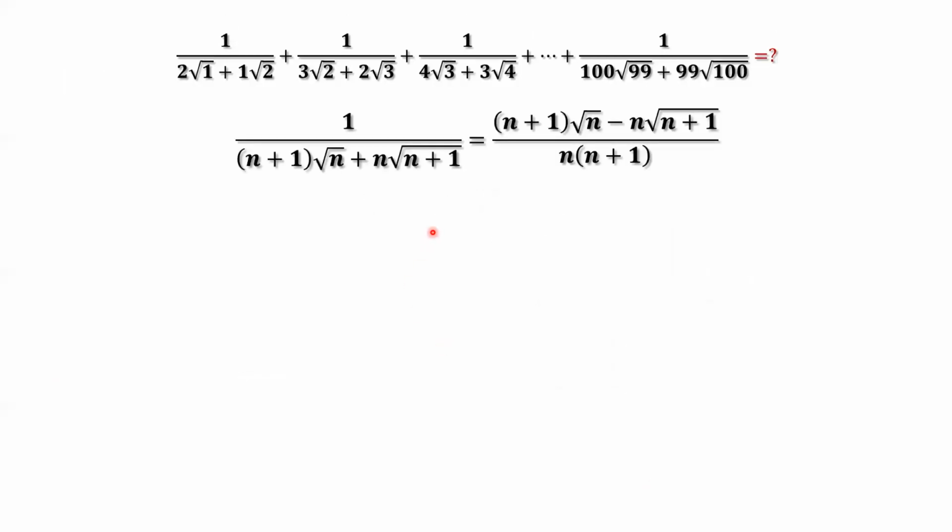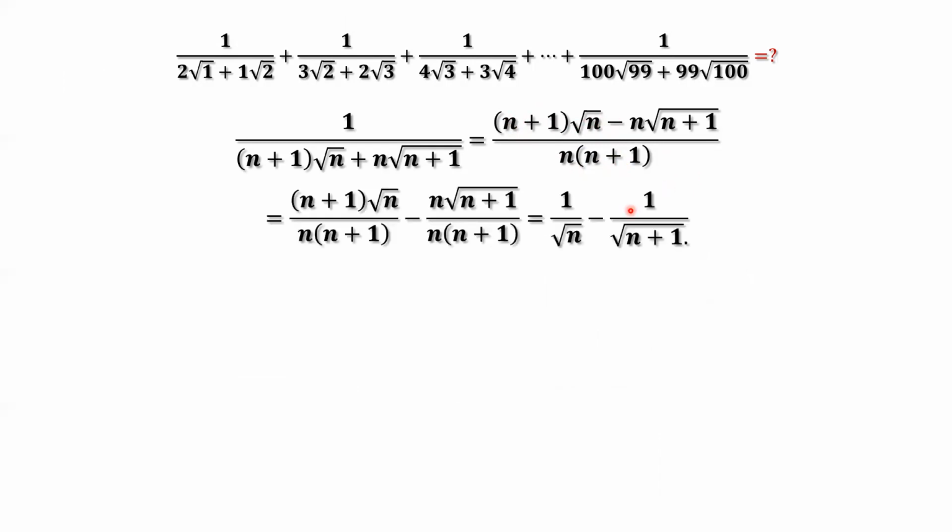Okay. Now, look at here. This one you have both here. You can split into 2 parts. Okay. So here, now we continue to simplify. So this cancel each other. Right? This cancel each other.